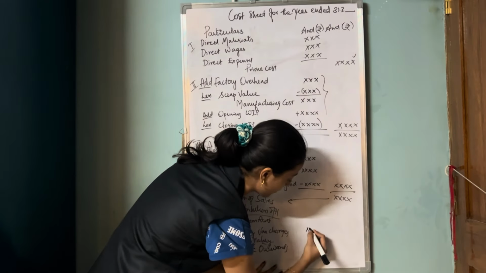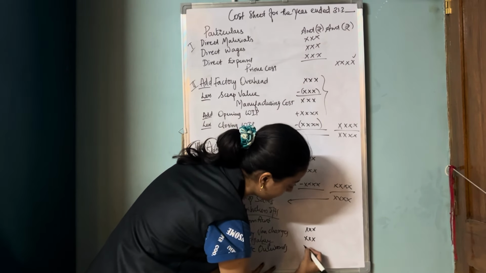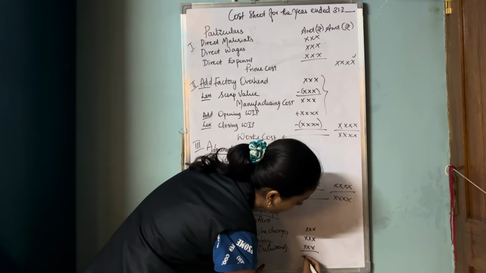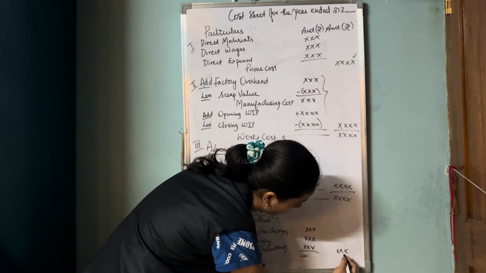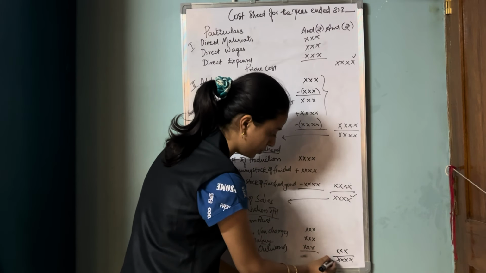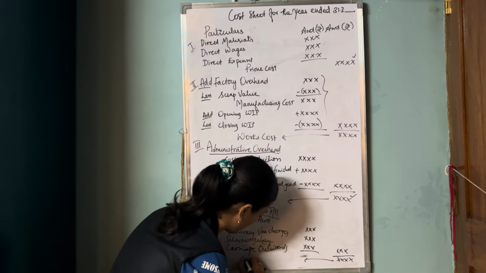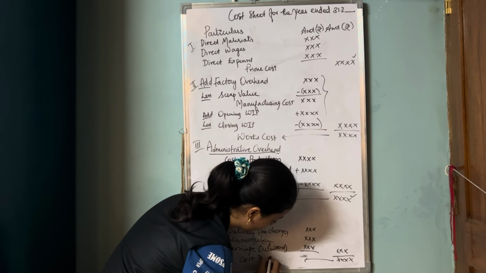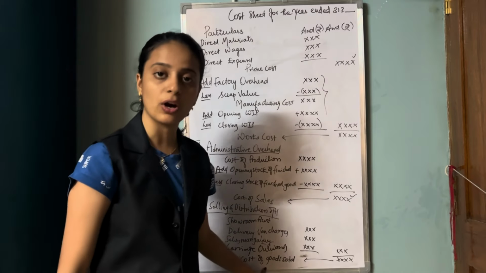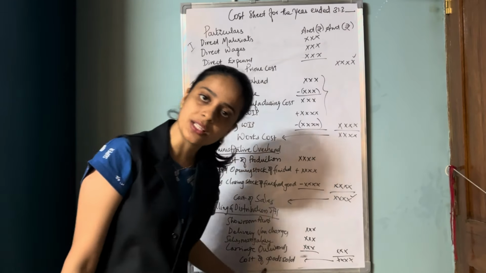Do the totals of it. And that total, write in the outer column, do the total with cost of sales, add and do the total, and that we call as cost of goods sold. What we call it? Cost of goods sold.